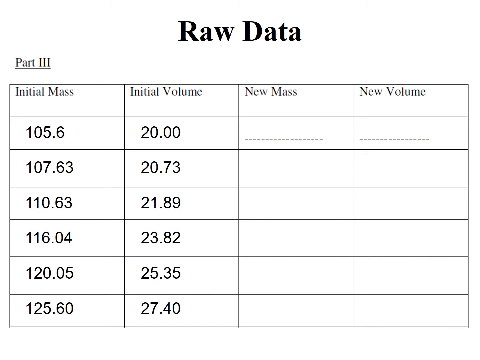For instance, if I take this number, 110.63 minus 105.60, I will have 5.03. You have to show that in your sample calculation. And the corresponding volume would be 21.89 minus 20, which is just 1.89.